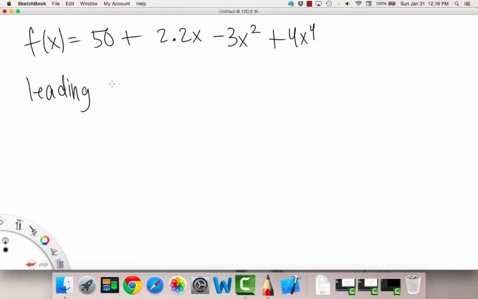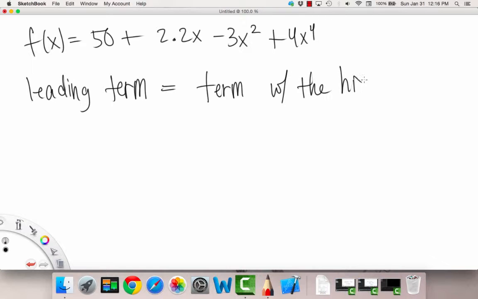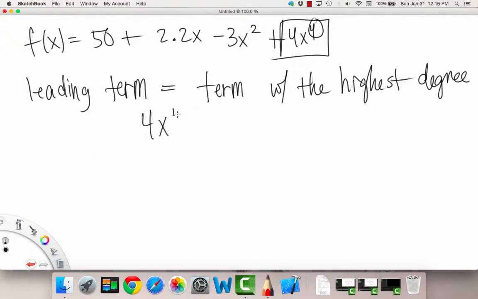This is basically equal to the term with the highest degree in it. In ours, we already determined that the highest occurring power was a 4, so we're just going to take that whole term and call that the leading term. So 4x to the fourth is our leading term.